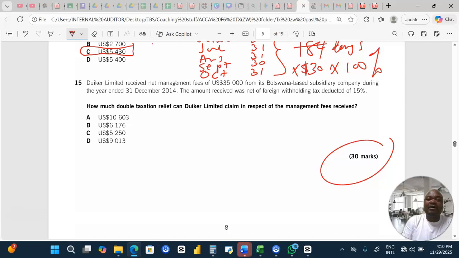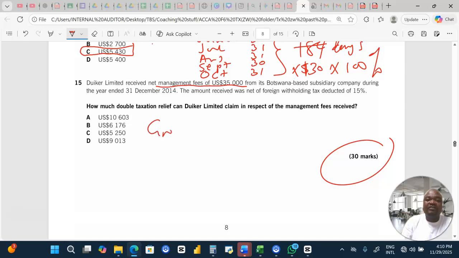This was the net amount they received from Botswana after the taxation was deducted. So we wanted the amount of tax which they paid. How do we know the amount of tax they paid? The amount of tax is only found by grossing up the amount, because this was a net amount.